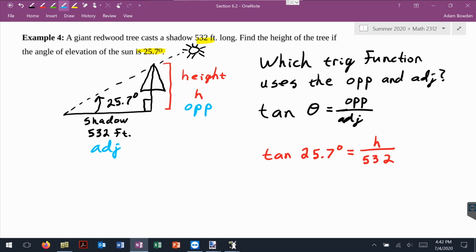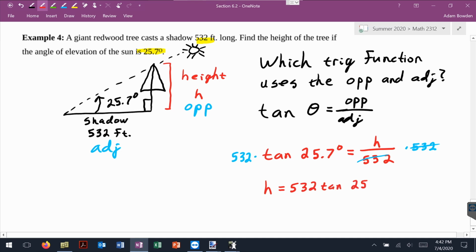So we'll solve this for h. I'm going to multiply both sides by 532. That way that number goes away. So we're going to have h is equal to 532 tan 25.7 degrees.